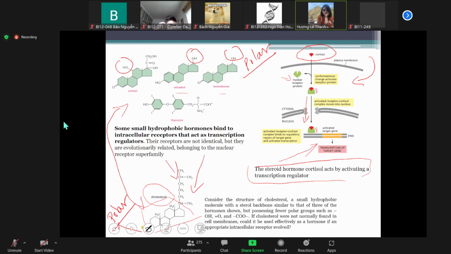I agree with you that the polar group here, it has only one polar group, but it's too hydrophobic to be an effective hormone by itself. It is virtually insoluble in water and could not move readily as a messenger from one cell to another cell, because they have a very long tail here. They are too hydrophobic. Okay.